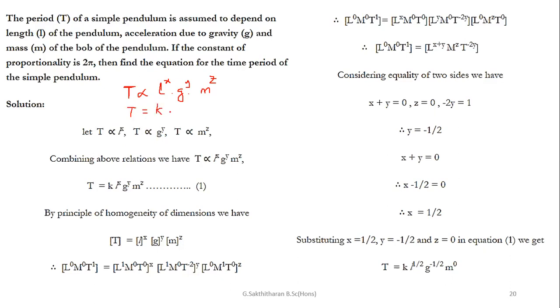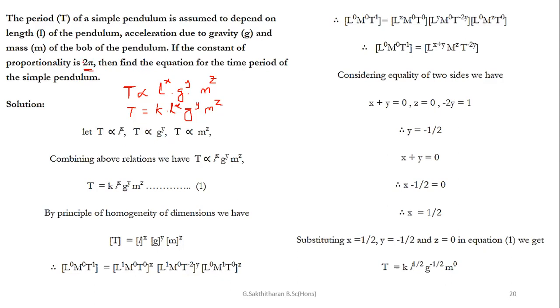This proportional relation converts to the equation T equal to k into L to the power x, g to the power y, and m to the power z. Here k is a constant. They given that the constant of proportionality is 2 pi, so k is 2 pi.